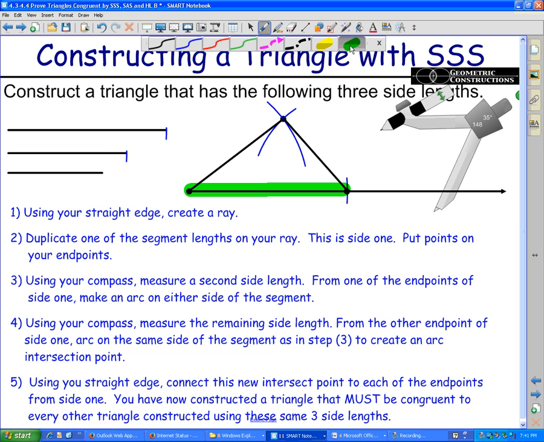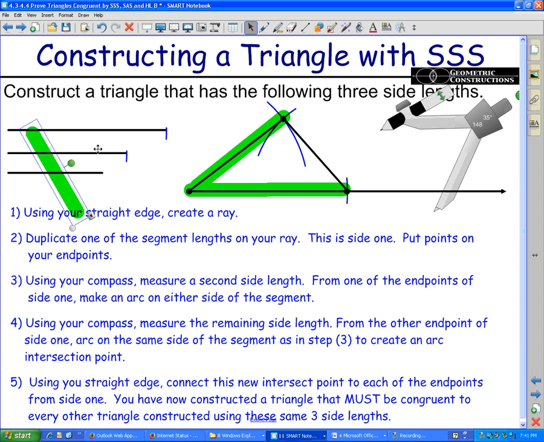I'll just do these one at a time. Okay, and then here's the last one. There it is. So you can see that we did use those three exact side lengths to build this triangle.